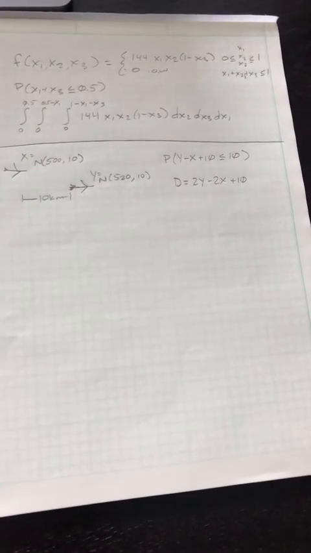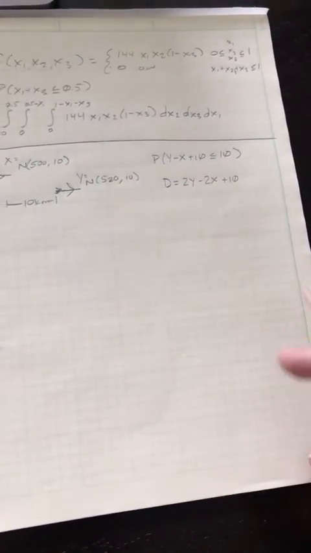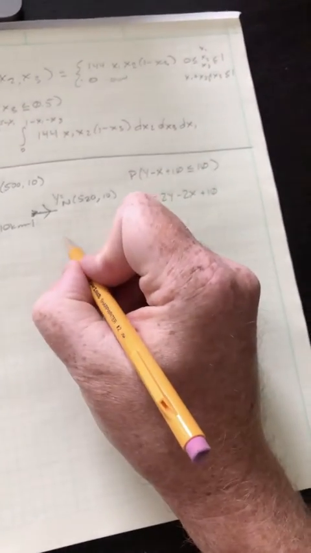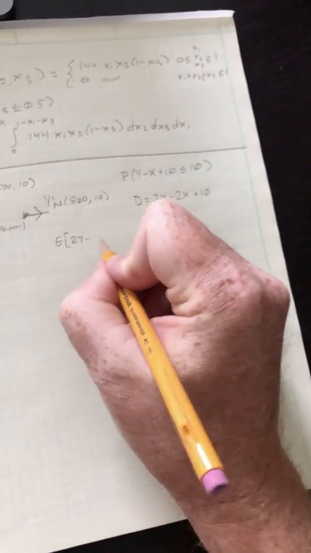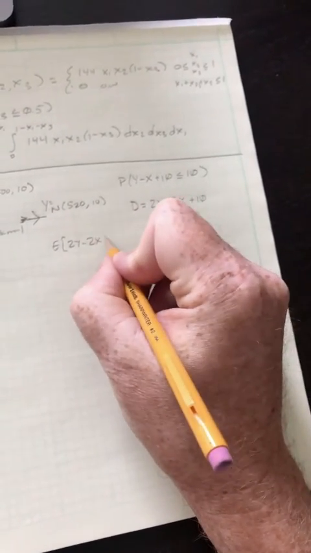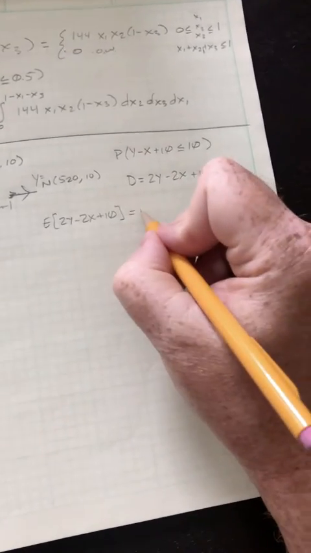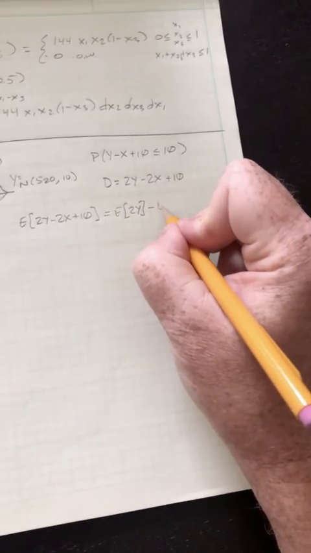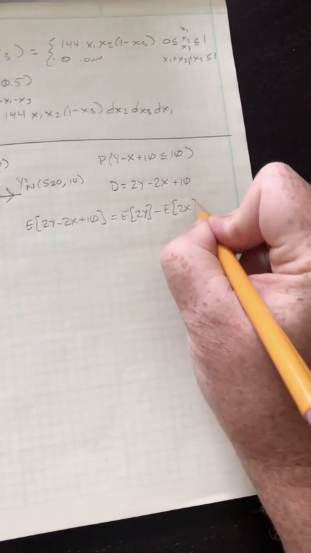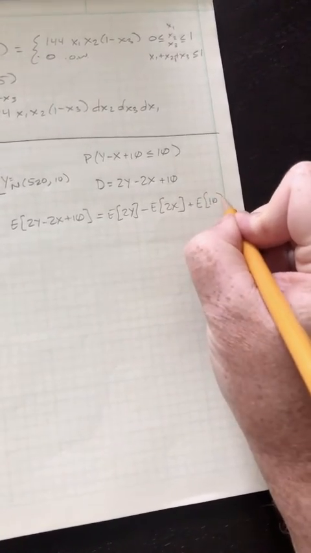So what I have to do is estimate the mean of that normal distribution and the standard deviation. For me to get the expected value of the distance, that's the expected value of 2y minus 2x plus 10, which is going to be equal to the expected value of 2y minus the expected value of 2x plus the expected value of 10.